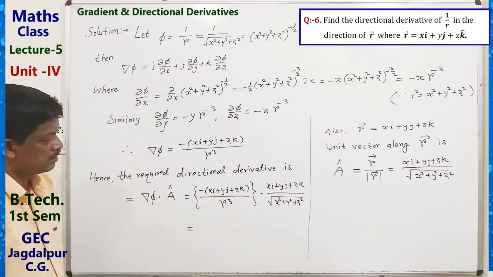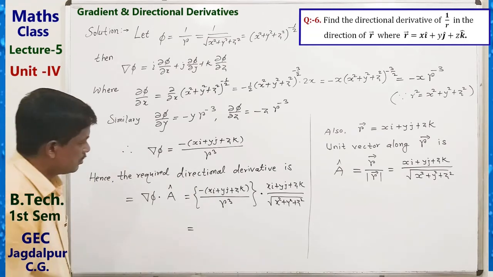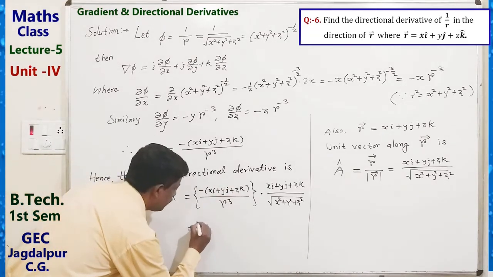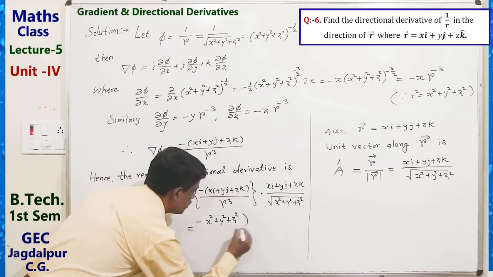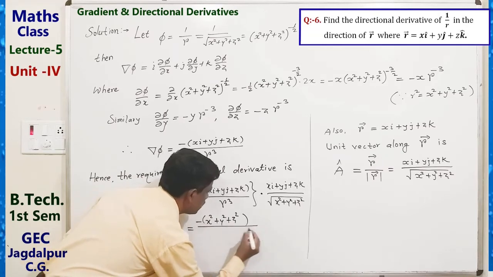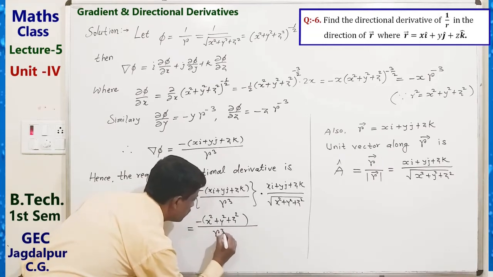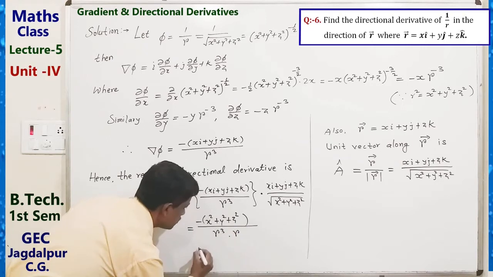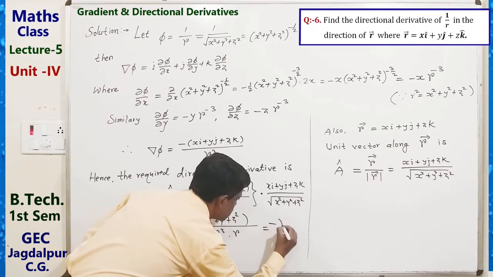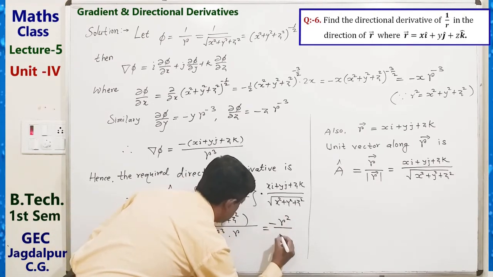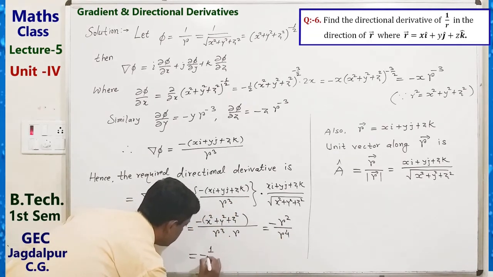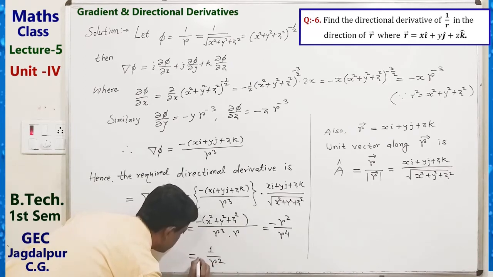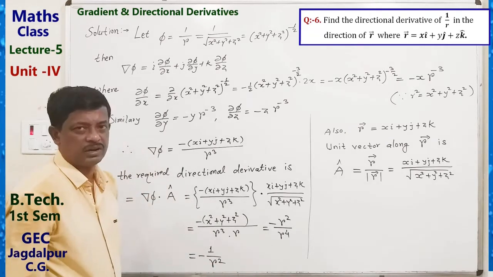We can write minus of x square plus y square plus z square upon the dot product, r cube into r. So this equals minus r square upon r power 4, which equals minus 1 upon r square.